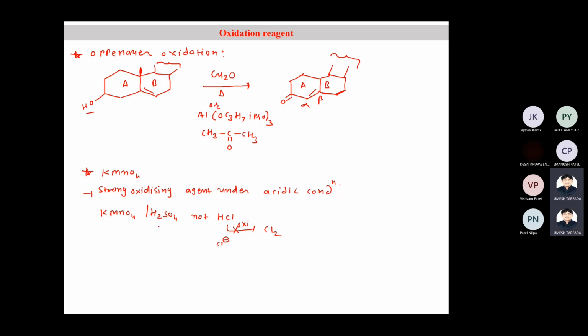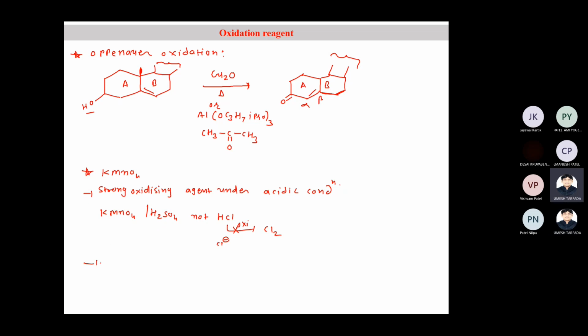Now potassium permanganate, KMnO4. Here see, it's a 5 electron donor. You know that the oxidation number of Mn in KMnO4 is 7 plus. So it has various applications. It is a special reagent to oxidize alkyl group into acid function.